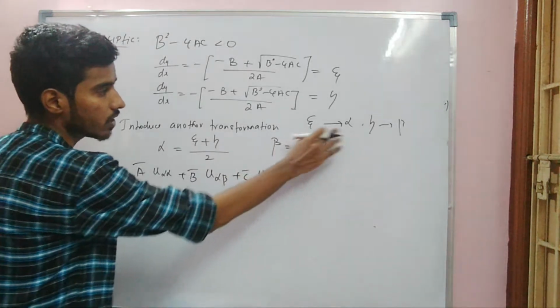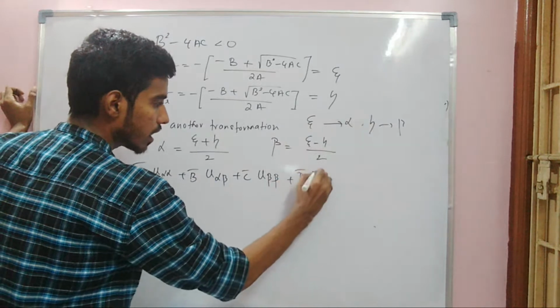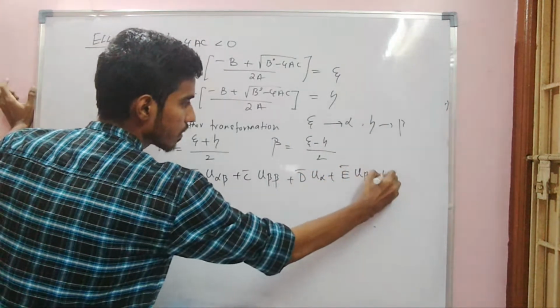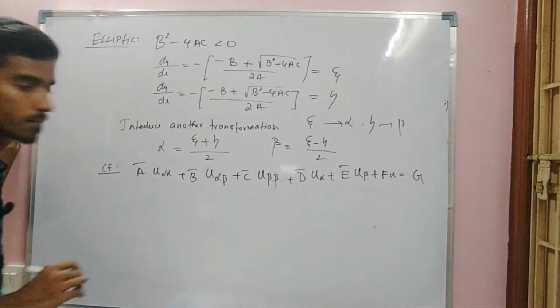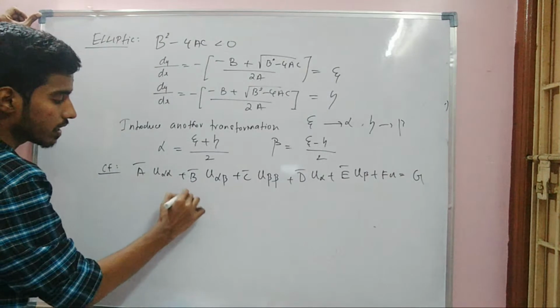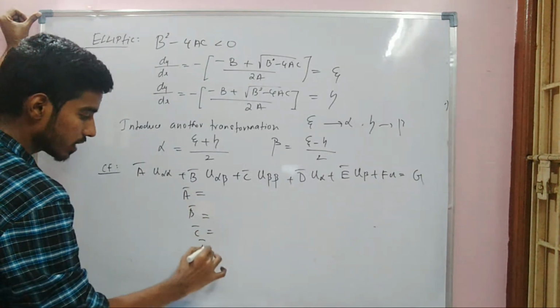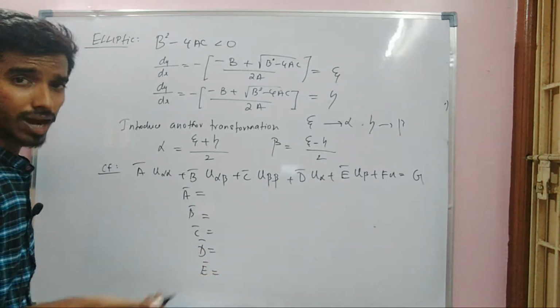I'm just changing theta to alpha, eta to beta, plus d bar u alpha, plus e bar u beta, plus fu is equal to g. This is our canonical form, and all the formulas a bar, b bar, c bar, d bar, e bar will be changed to alpha and beta.